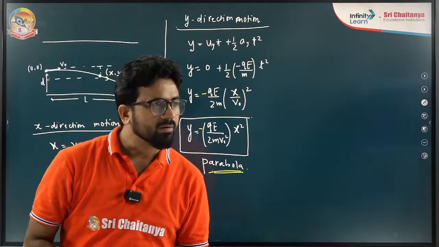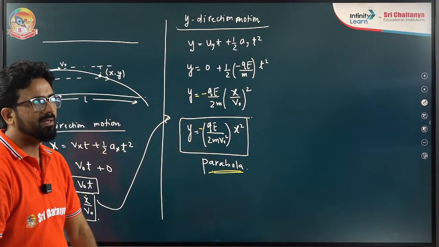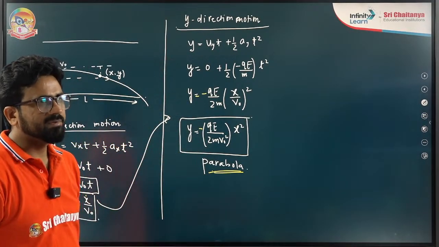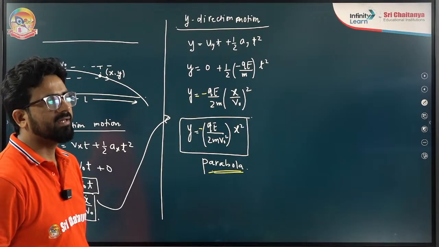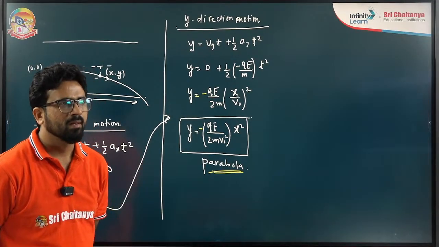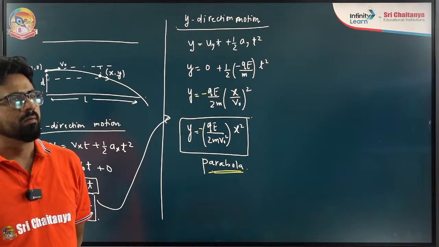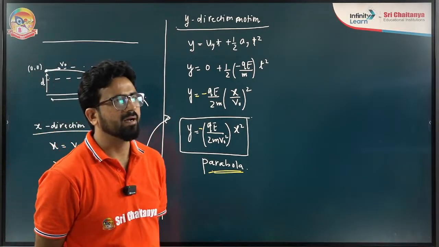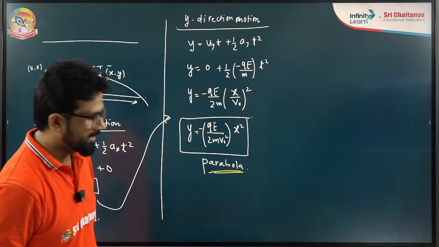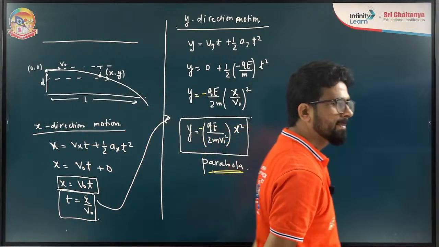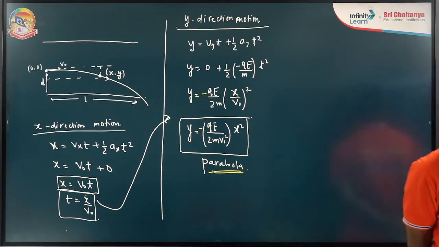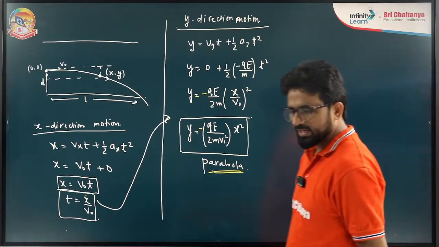Clear? Swati, Prashant, Lakshmi, Manideep, Sharanya, Sam, Praveen, Lakshmi Priya, Kartika, Niranjan. It is clear to everyone, beta? Clear or not clear?